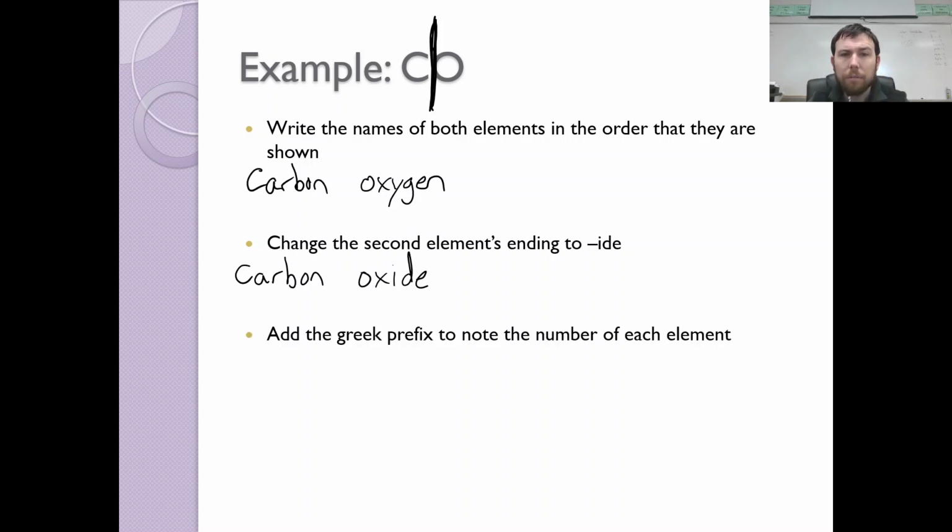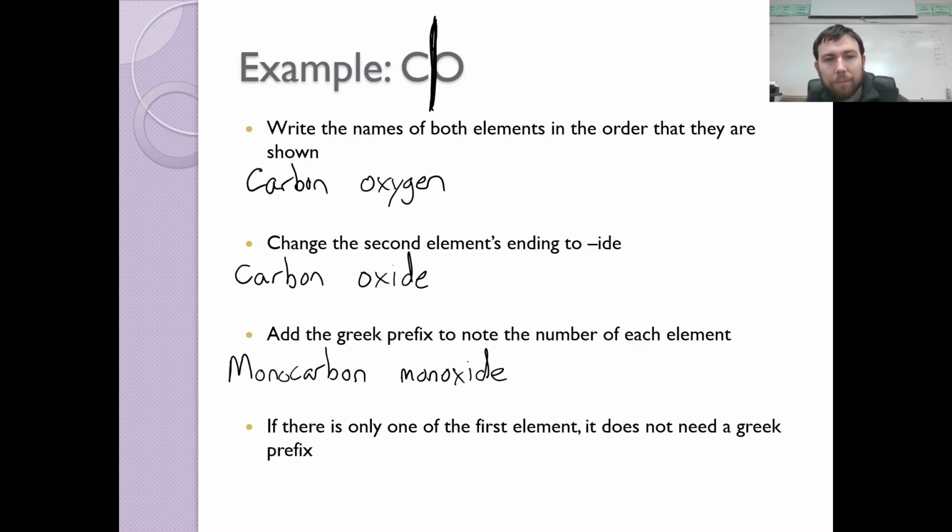Third step, we need to add the Greek prefix to indicate the number that we have of each. Now, we got one carbon and one oxygen each, so we're going to need the prefix mono. So then we're going to have monocarbon monoxide. So we added our two prefixes to both of them to note the number of each.